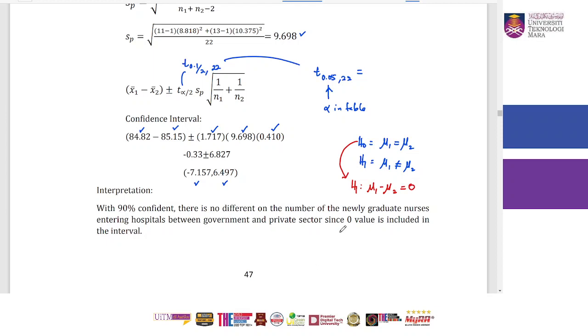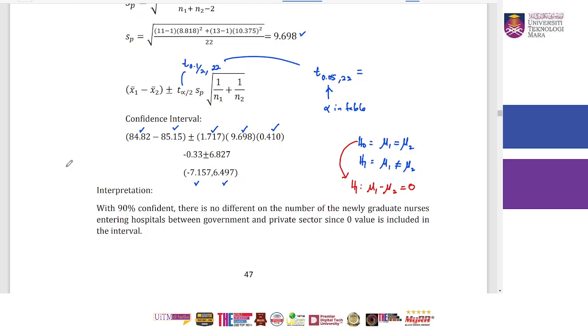That means if we want to say that they are the same, with no difference between mu1 and mu2, the difference must equal zero. So to test whether they differ or not, that is the reason we look into whether 0 is included in the confidence interval or not. If 0 is included in the confidence interval, it means we fail to reject the null hypothesis. In this situation, 0 is included in the confidence interval.